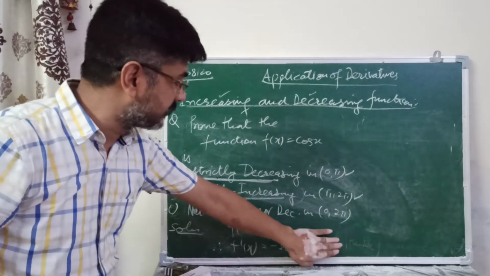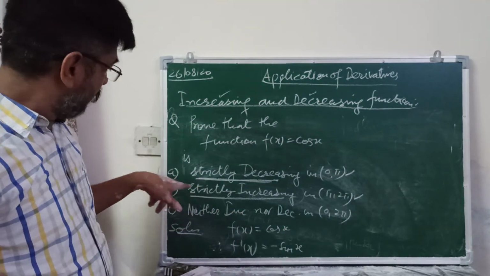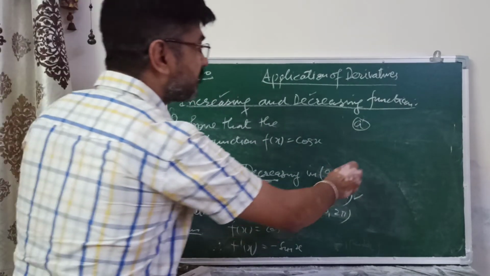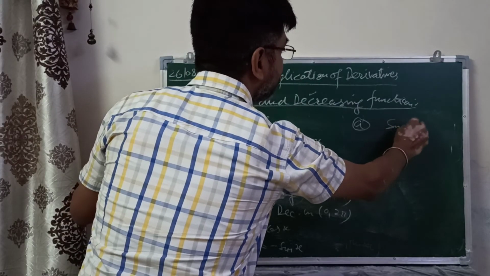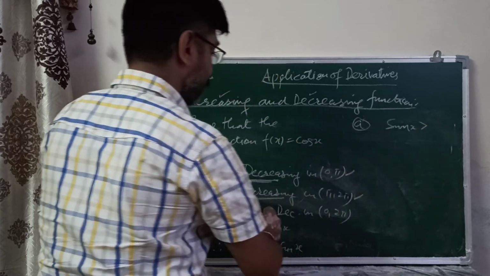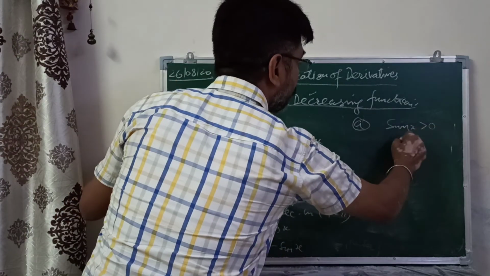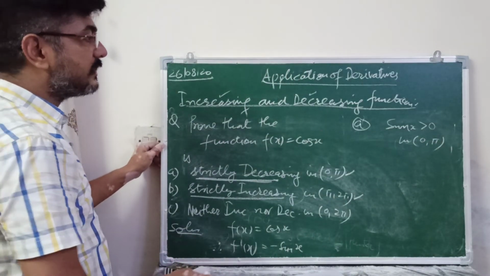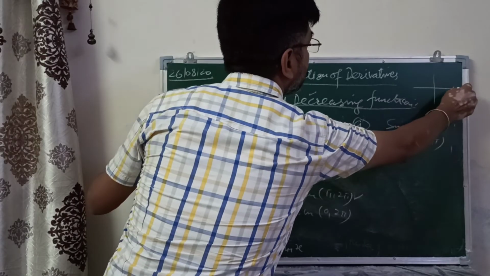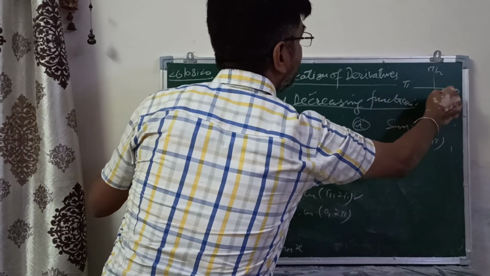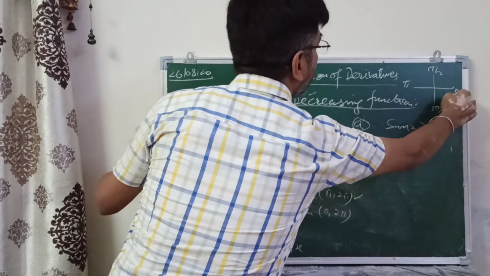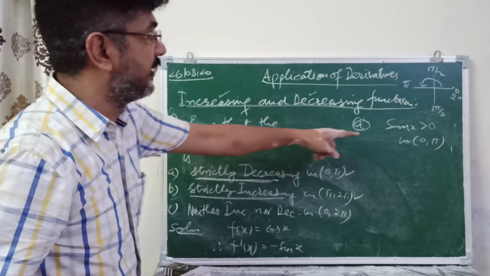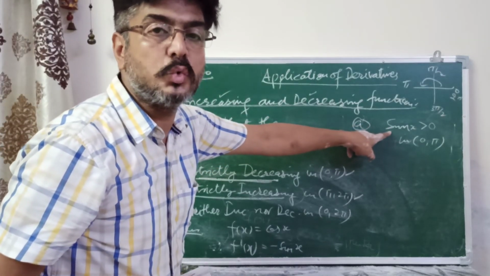Now what about minus sin x? We will prove A first. For A, the value of sin x is greater than 0 in 0 to pi. 0 to pi means 0, pi by 2, pi, 3 pi by 2 and 2 pi. 0 to pi is the first quadrant and second quadrant, and you know very well, sin x is always positive in the first two quadrants.